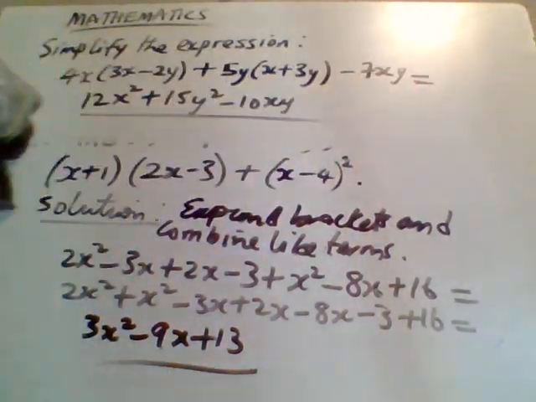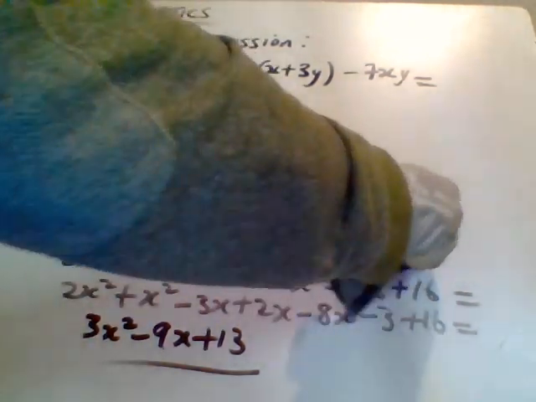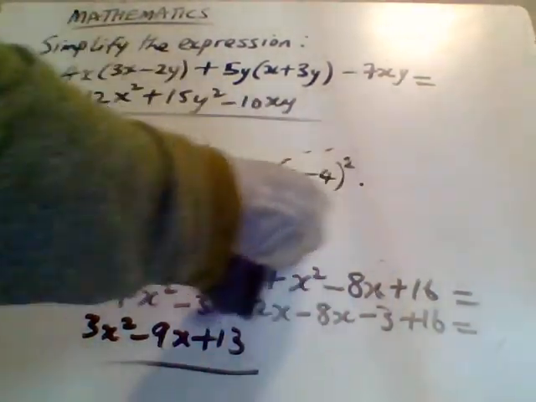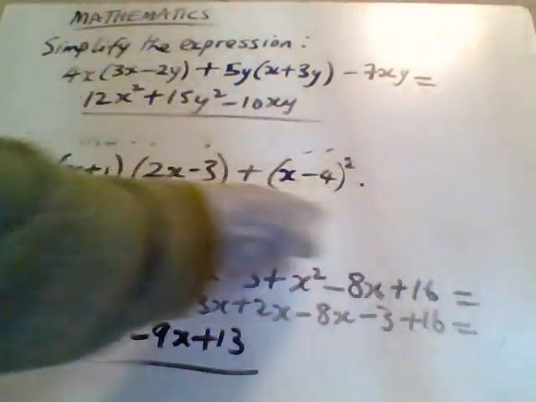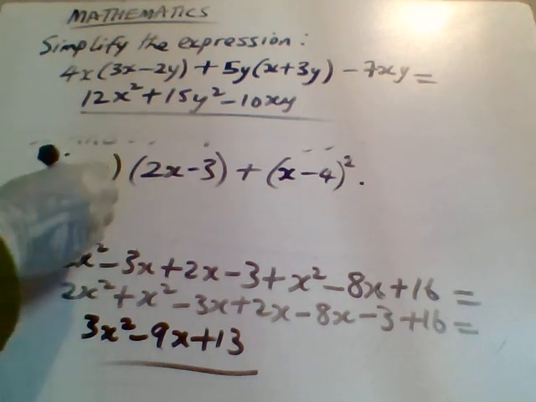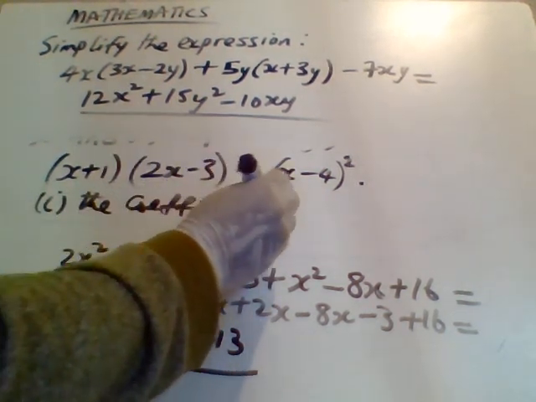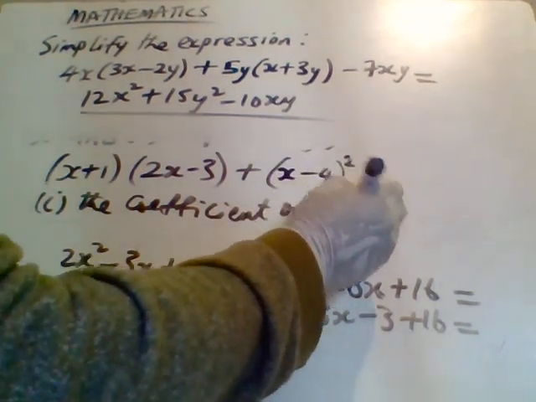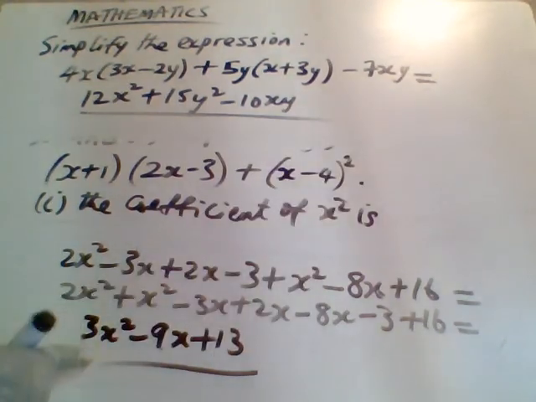So by looking at our own expansion, we can now find the required coefficients. We are asked to find the coefficients of s squared and x. So from here, the coefficient of s squared from the expansion is what?